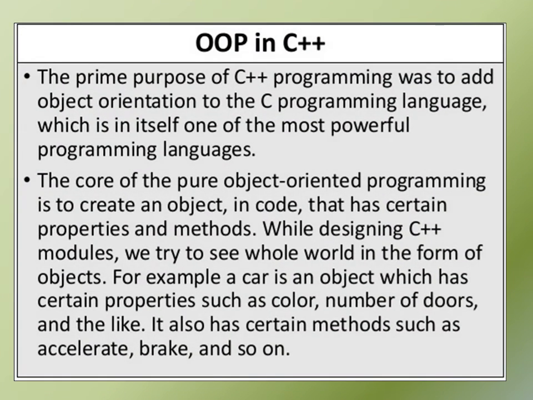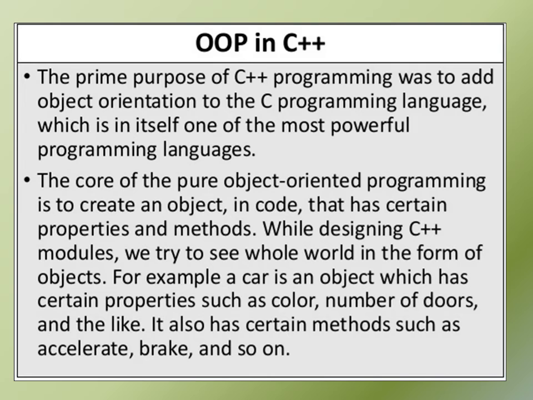We see in depth what OOP, object-oriented programming, is in C++. The prime purpose of C++ was to add object orientation to the C programming language, which is in itself one of the most powerful programming languages. So the main concept was to add object orientation to C. C was procedural, but C++ came about because of adding the object concept.